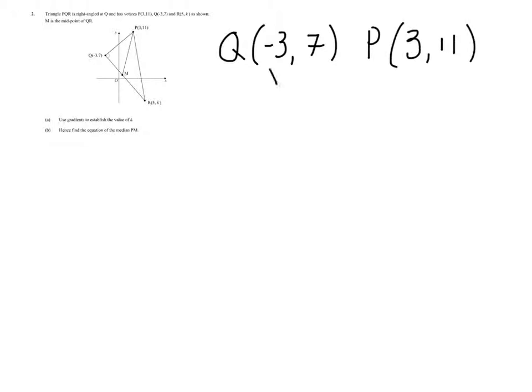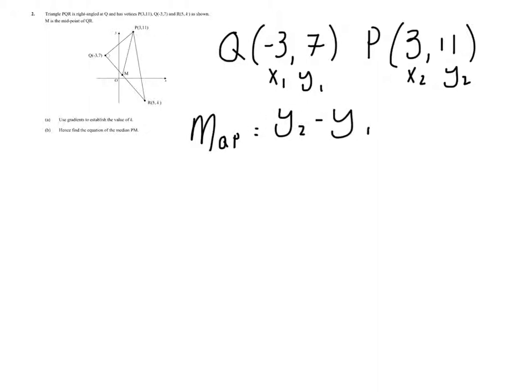So that will be our x1 and y1 and x2 and y2. So to work out the gradient of the line QP, it's y2 minus y1 over x2 minus x1.